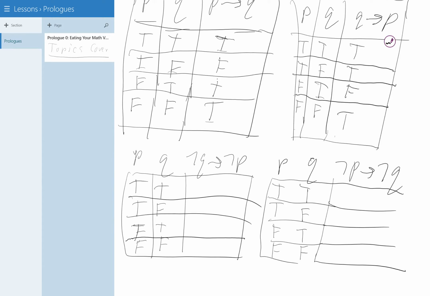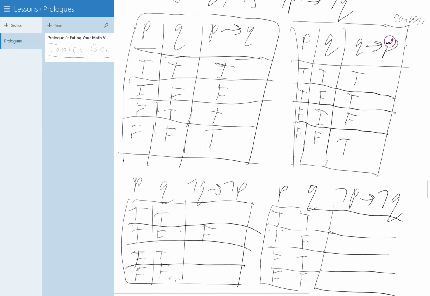Where is this going to be true? It's going to be true wherever these are false, so these two, and when this one is false, this one is true. Then I look at not P, so this would be true, false. So this one's going to be false, and the rest of them are going to be true.